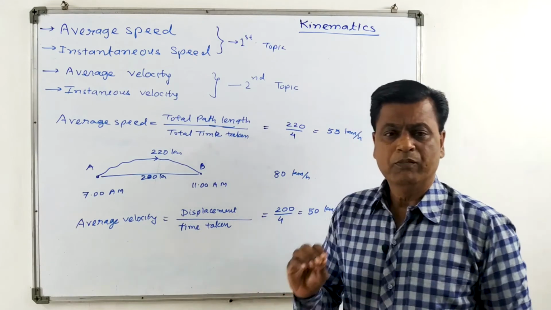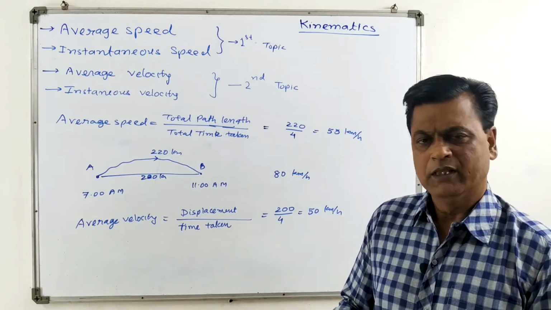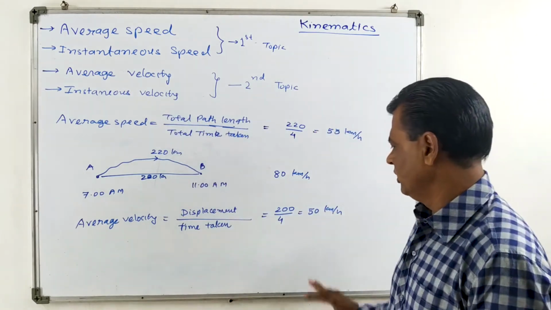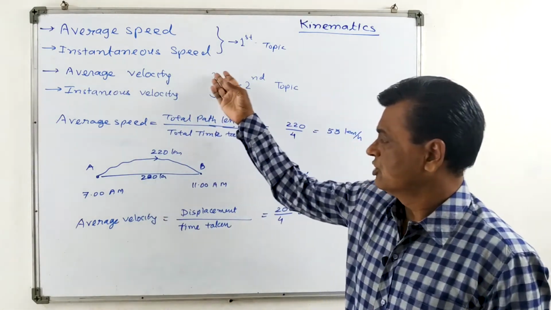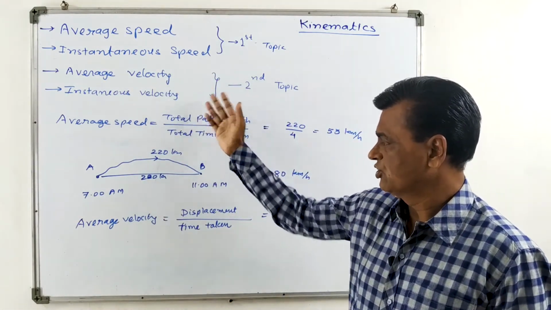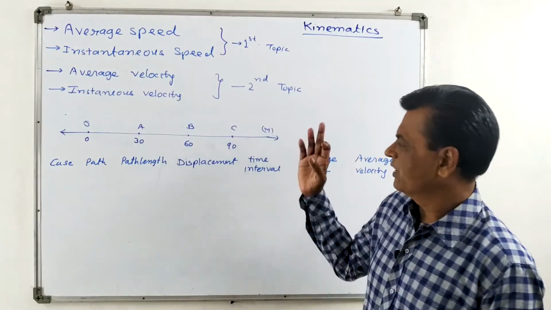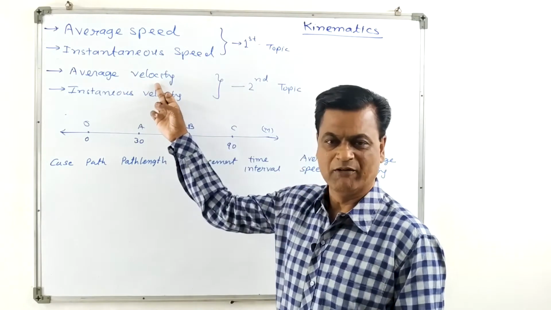Now if direction is mentioned along with the instantaneous speed, then it is known as instantaneous velocity. So here I have discussed average speed, instantaneous speed, average velocity and instantaneous velocity. In the next topic, I will explain the difference between average speed and average velocity.